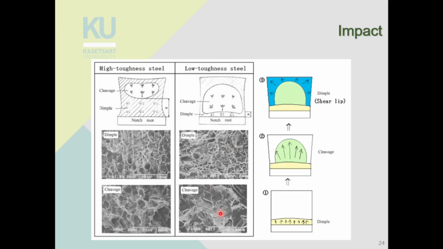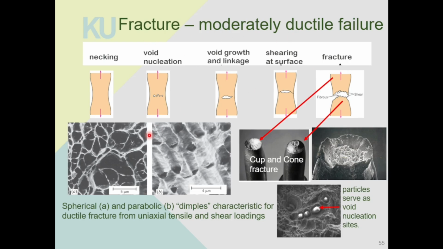Brittle material will have a lot of cleavage or flat fracture surface, right? For ductile material, you have a lot of dimples. So what does that tell you? It tells you that materials that are ductile are usually tough also, because they have the same behavior. It gives you a lot of dimples, okay? And what happens to give you those dimples?